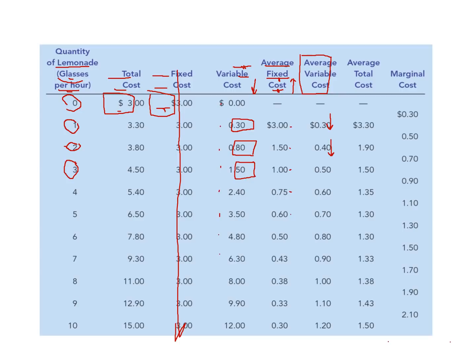But this reaches a minimum at 5 or 6 glasses per hour, because the variable cost is increasing. So average total cost is decreasing until you reach this point, which might be like an ideal rate to produce, and then it starts to increase again.